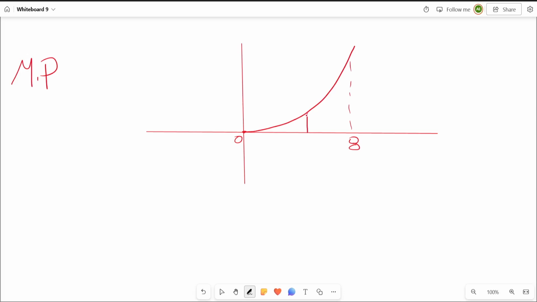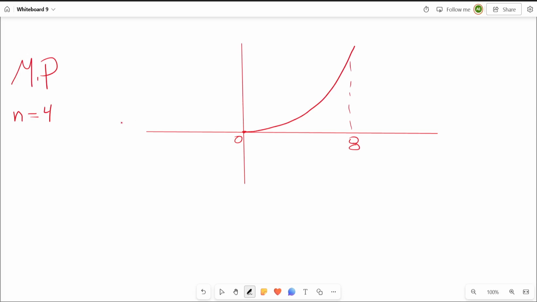Do I want to divide it into only 2 rectangles, let's say, or do I want to divide it into 100 rectangles, 10 rectangles, 1 million? I need to choose. So let's say we are going to divide it into 4 rectangles or 4 intervals. Let's call the number of intervals n. So n equals 4. So we will divide it into 4 sections.